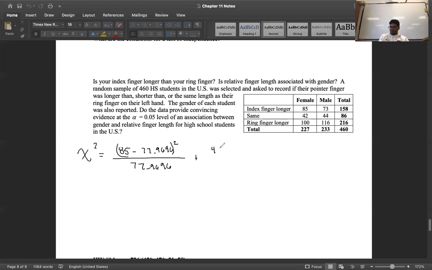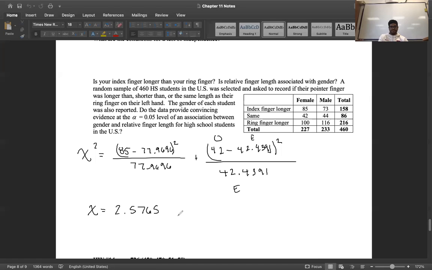Then you have 42 minus 42.4391, all squared, divided by 42.4391. Again, observed, expected, and then expected on the bottom as well. You keep doing that all the way across, for all the cells. You get a chi-square of 2.5765.